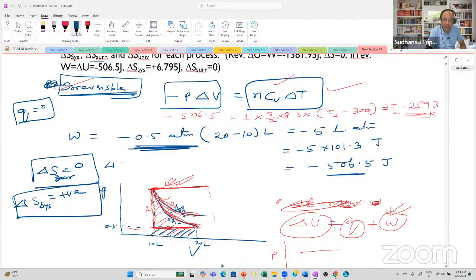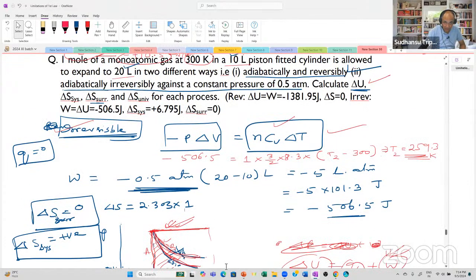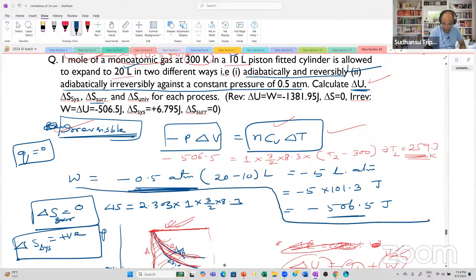Calculate del S. Now we have got everything: 2.303 into n, n is 1 mole, then CV, CV is 3 by 2, into 8.3, into log T2 by T1.